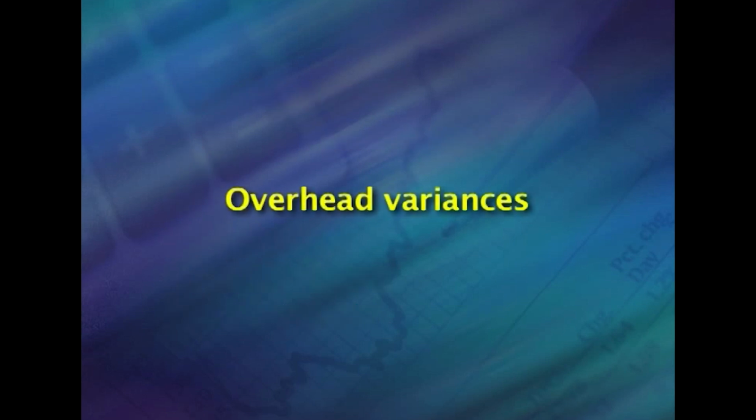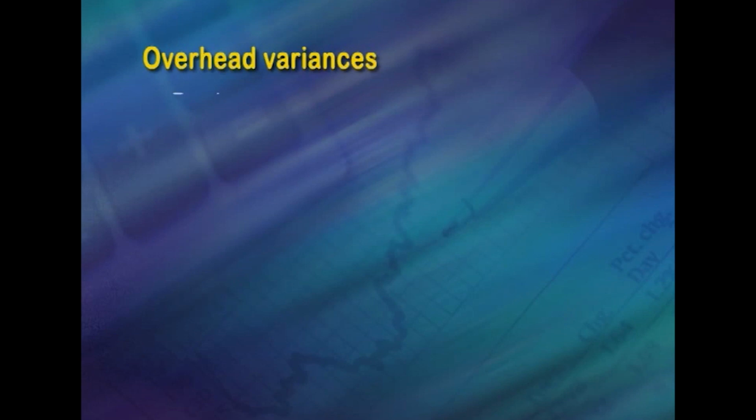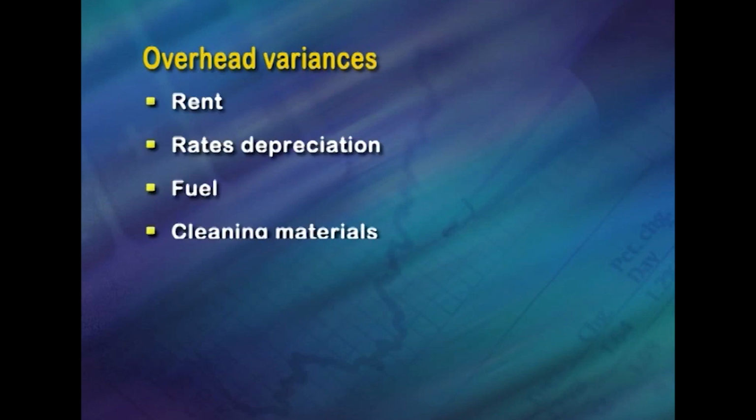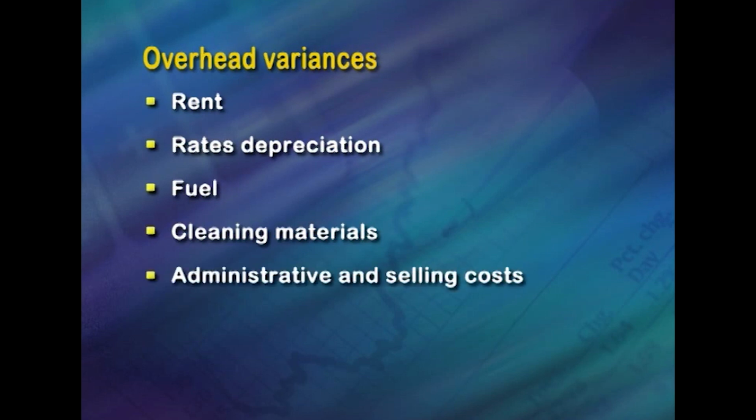Overhead variances. Overhead variances include all costs which cannot directly be identified with food products. These include rent, rates, depreciation, fuel, cleaning materials, administrative and selling costs. Of these costs, some are controllable and some are beyond control, or uncontrollable.